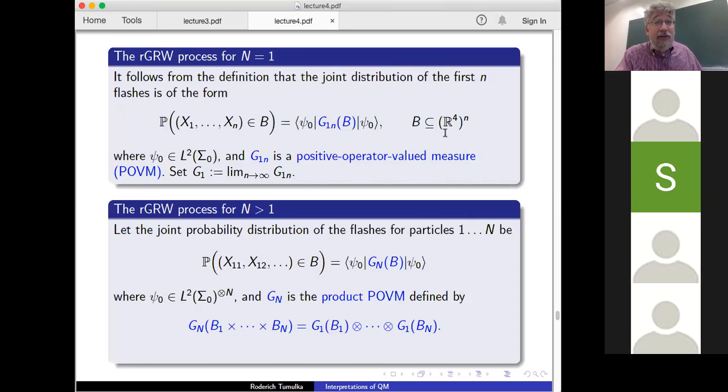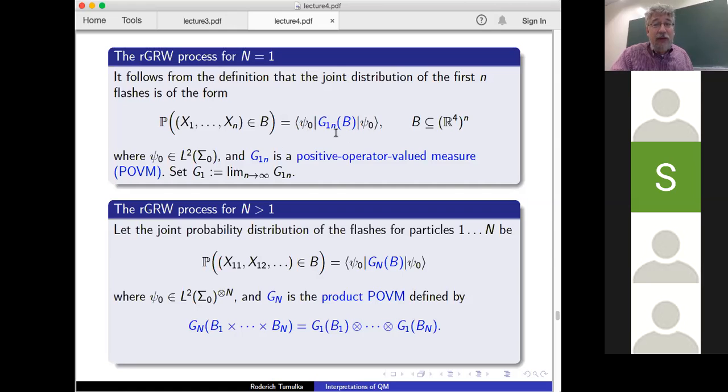Good. Now we have it for one particle. It follows from the definition that I've just explained to you using this drawing and in words that the joint distribution of the first n flashes is of this form. It's in terms of the initial wave function, the probability distribution is quadratic in the initial wave function, and here you have some operator.